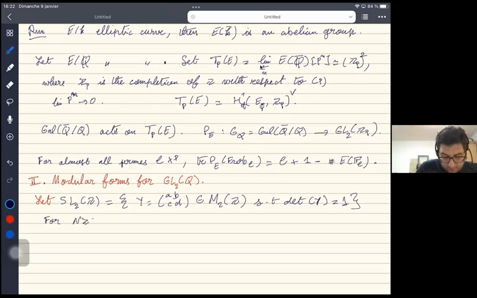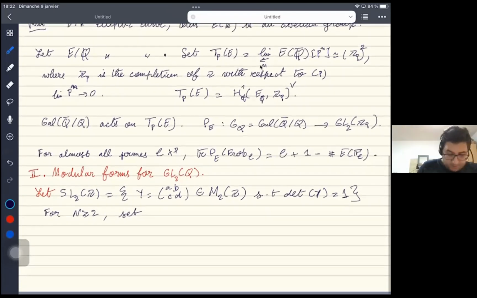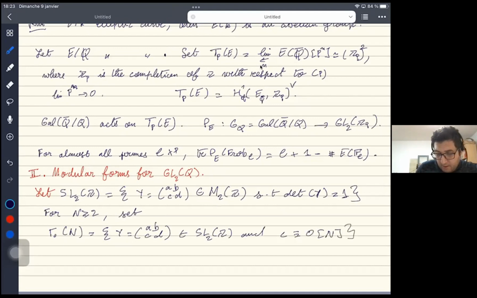So for n greater or equal to 2, set gamma_0(n) to be all the gamma, (A, B, C, D), in SL2(Z) such that C is congruent to 0 mod n. So if you reduce the coefficients modulo n, you will have upper triangular matrices.